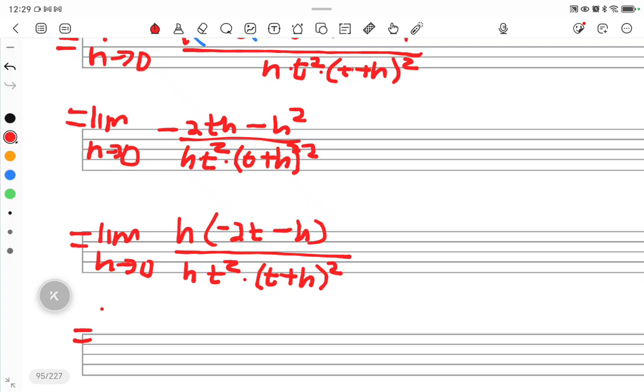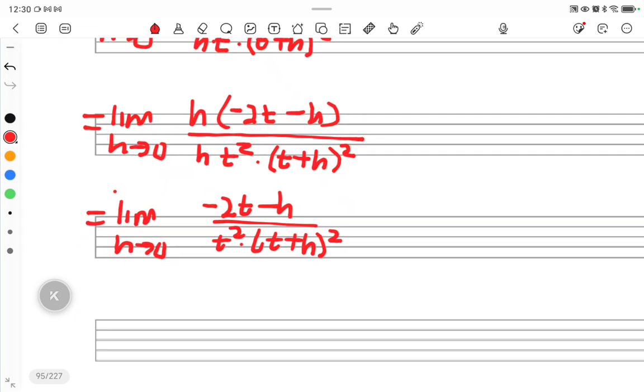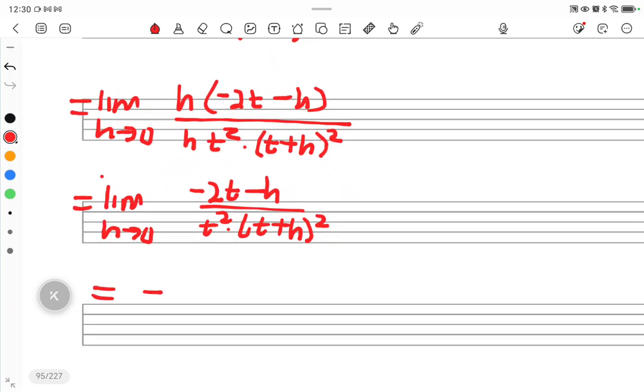And then this would cause us to have the limit as h approaches 0 of minus 2t minus h over t squared times t plus h all squared. Then I would be forced to substitute 0.